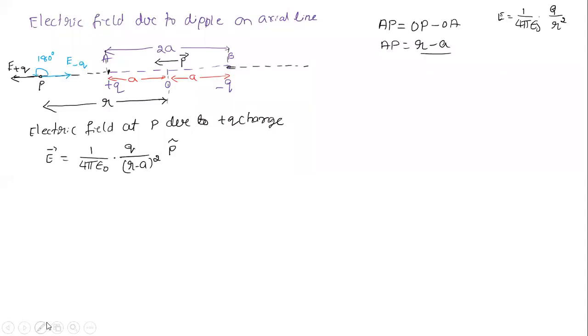Next I'll go for the electric field at P. This P is a different point. Due to the minus Q charge. What type of charge now? Minus Q charge.